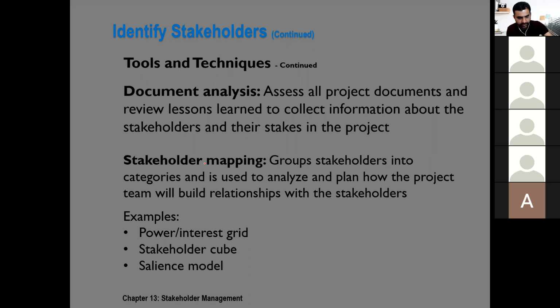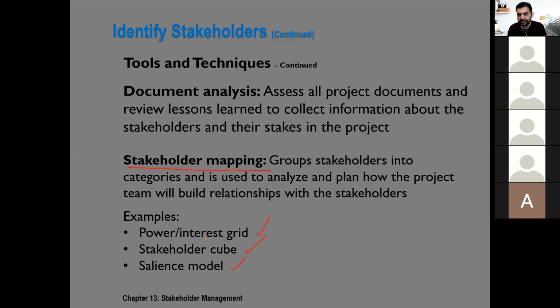Also, when you are analyzing the stakeholders, you can use many different techniques. We call them stakeholder mapping techniques. They could be the power interest grid, the stakeholder cube, or the salience model.